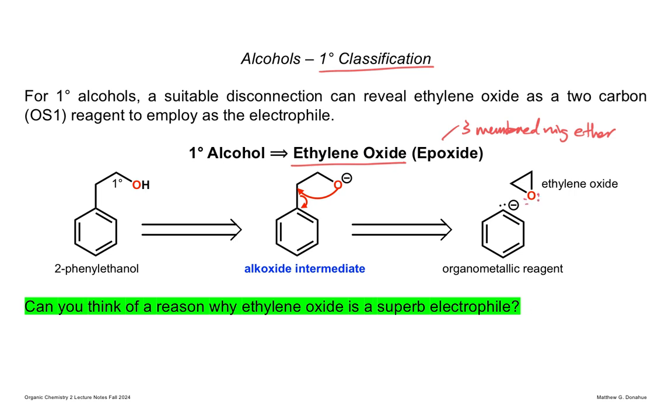You have basically ring strain. So that's a good electrophile. But now notice the difference in this primary alcohol. So I'll highlight in green. Those 2 carbons are what come from the epoxide.